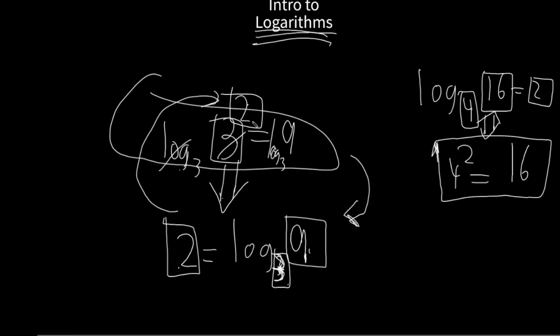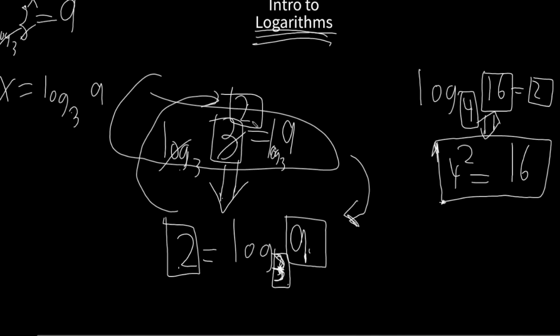I'll do one more example here because I don't know if I'm quite explaining it clearly. So if we have something like 3 to the x equals 9, we can take the log base 3 on both sides, and this will cancel, so we just get x is equal to log base 3 of 9.